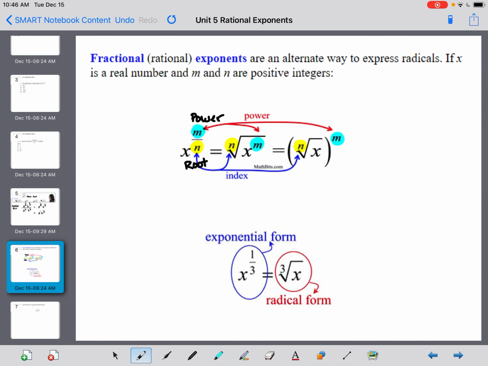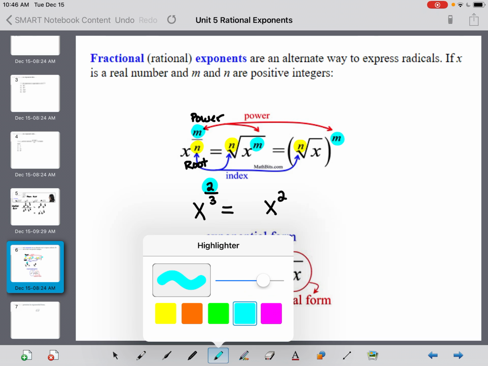So if you had something, I'm just going to write under here, something like x to the 2/3 power. What you're going to do to rewrite this in an equivalent alternate way is to write it as a radical expression. Now, the power, the 2, is actually going to stay the power of x, so that's going to still be x squared.